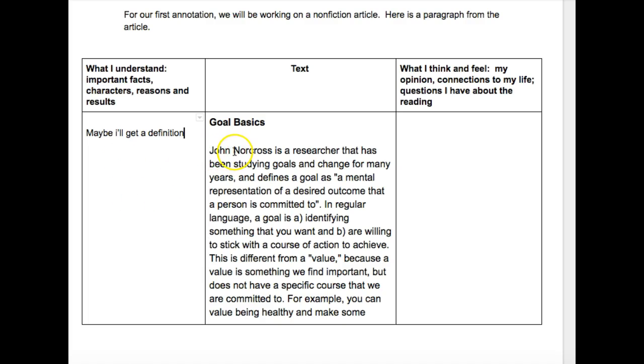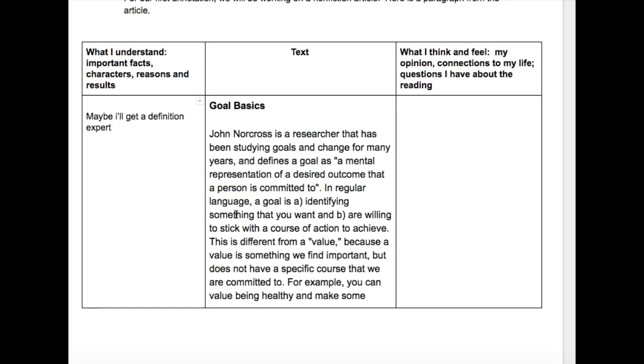Okay, John Norcross is a researcher that has been studying goals and change for many years. So if he's a researcher, I think he's an expert, because it says researcher and it also says for many years. Now, he gives a definition of goals, a mental representation of a desired outcome that a person is committed to.